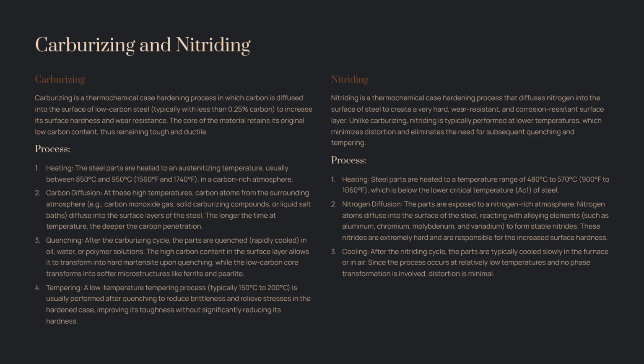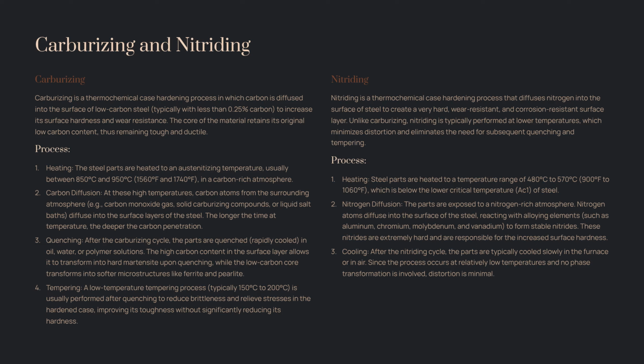Advantages of carbonitriding. Improved hardenability. Nitrogen increases the hardenability of the case, allowing for less severe quenching and thus reducing distortion and cracking. Higher surface hardness. Can achieve higher surface hardness than carburizing for certain applications. Enhanced wear resistance.